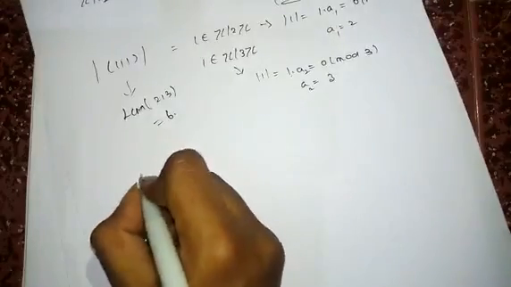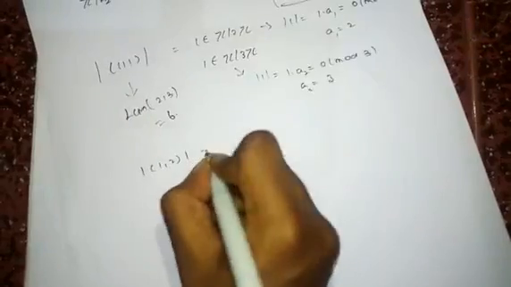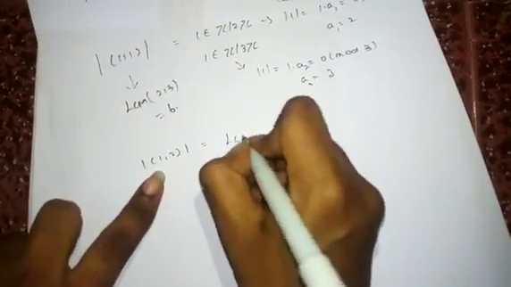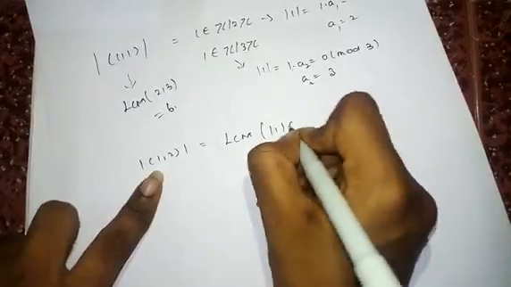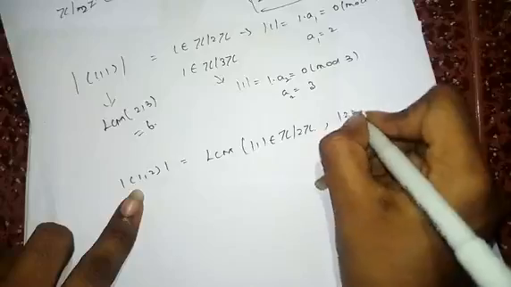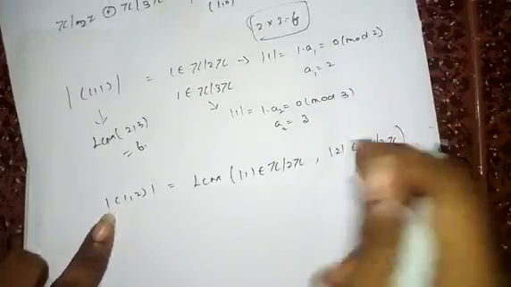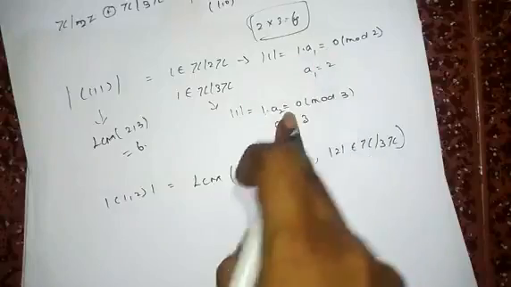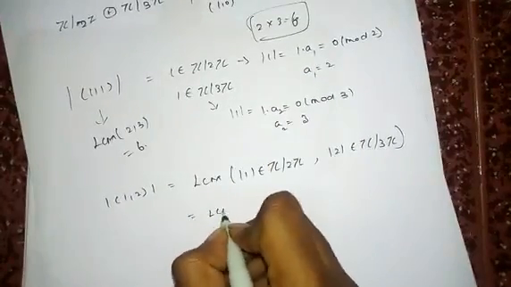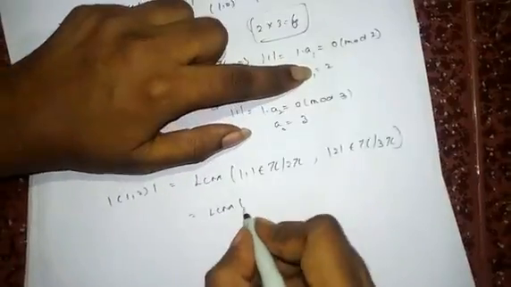I will find it for one more element, (1,2). This is equal to the LCM of the order of 1 in Z modulo 2Z and the order of 2 in Z modulo 3Z. We already found the order of 1 in Z modulo 2Z is 2.